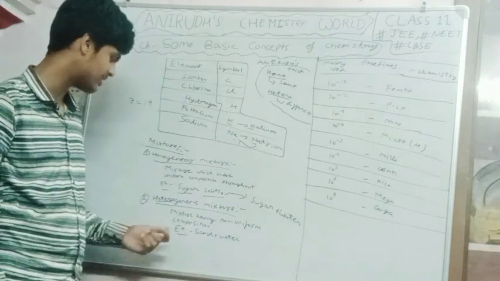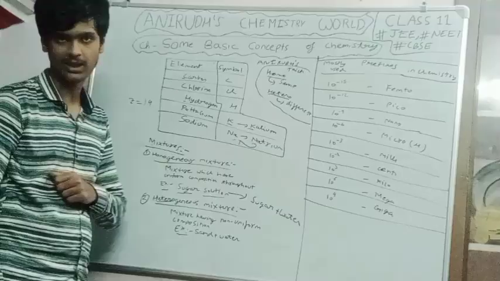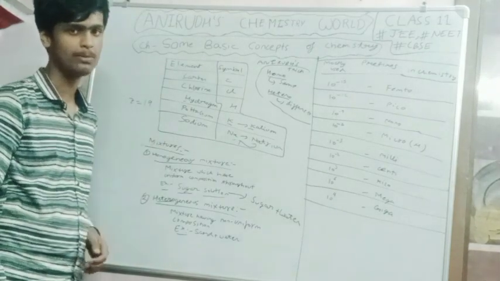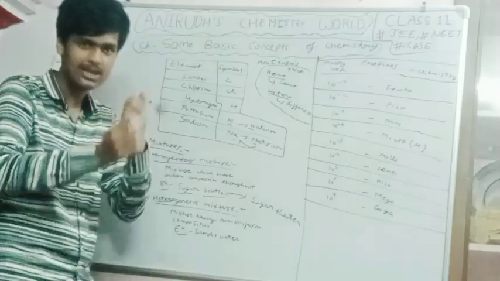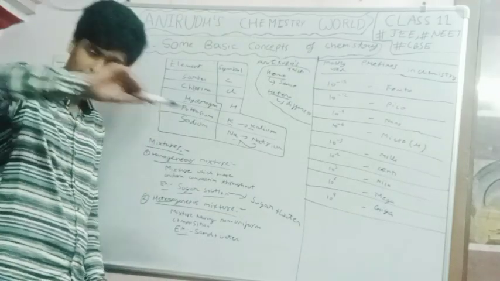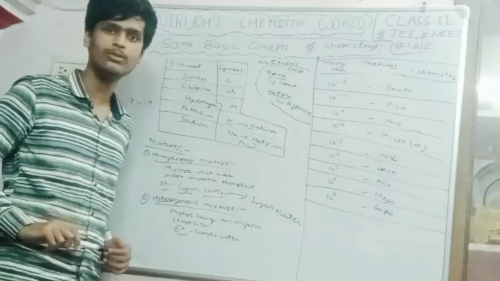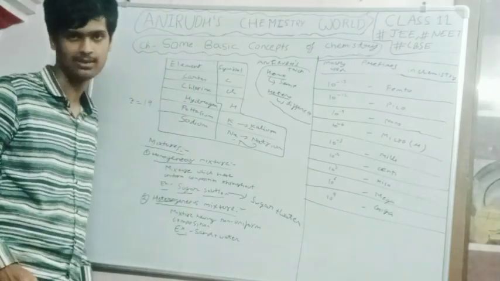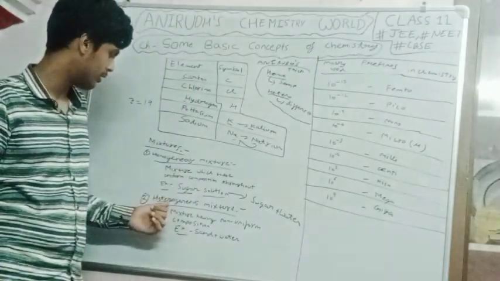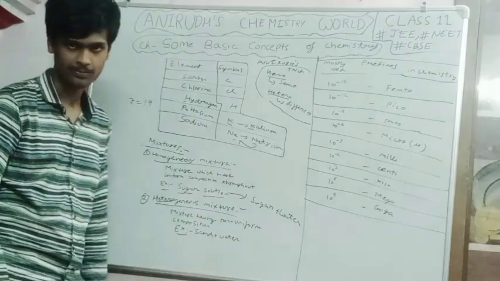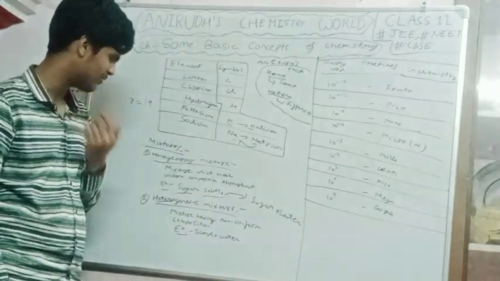The best example is sand plus water. If you add sand to the water, what happens? All the sand particles will settle down, and even if you stir, they will come up for some time, and again go down and settle at the bottom of the vessel. So the example of a heterogeneous mixture is sand plus water. This is the best example.